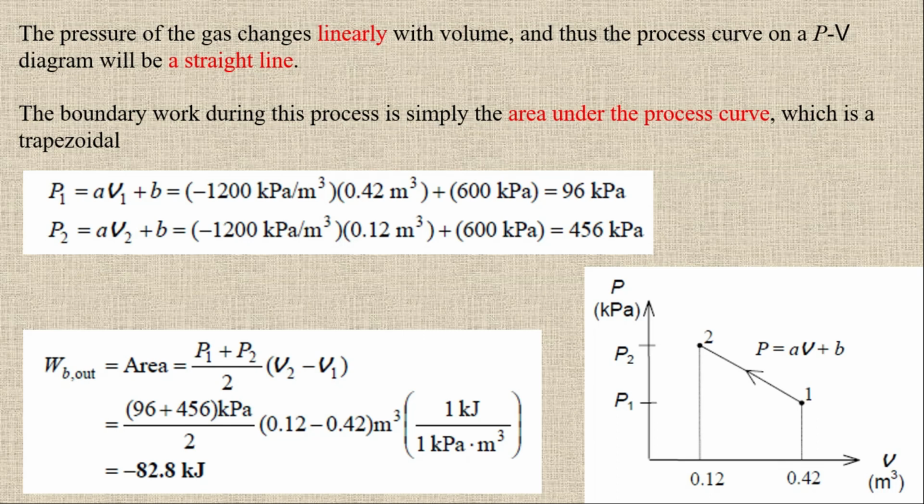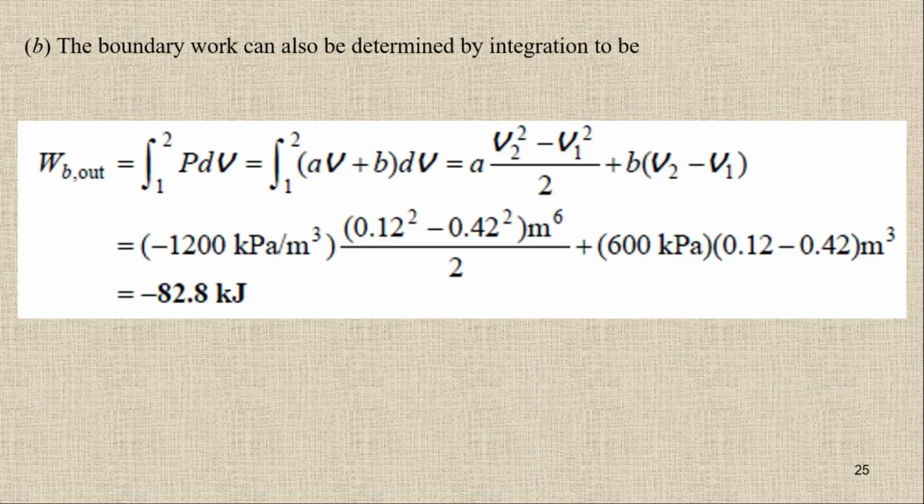Now in part B, you have to integrate the basic equation to find the work done. We have the basic definition of work done, which is PdV. I can replace P by AV plus B because this relationship is given, and A is constant and B is constant.